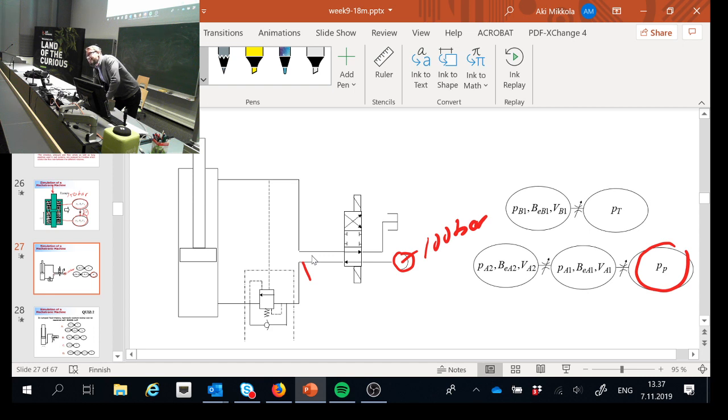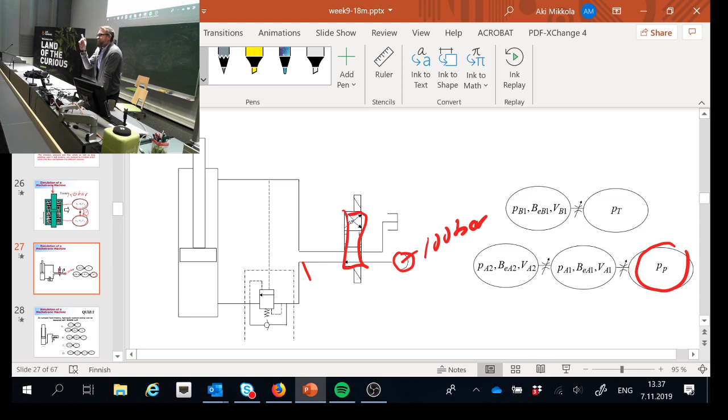No. It cannot, because it's possible that the valve here is just a little bit open. The purpose of the valve here is to introduce pressure differences. That's what it's doing. It's reducing the pressure from 100 bar to something else. So we cannot assume that to be the same.